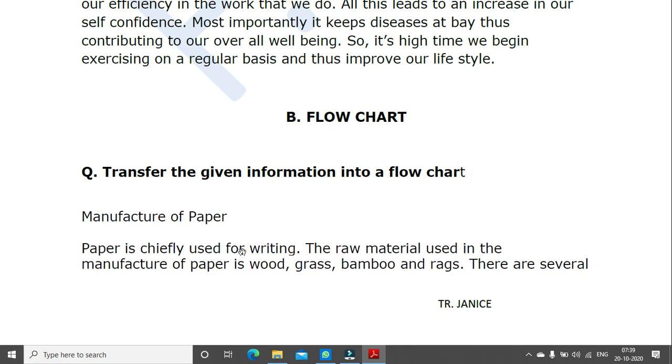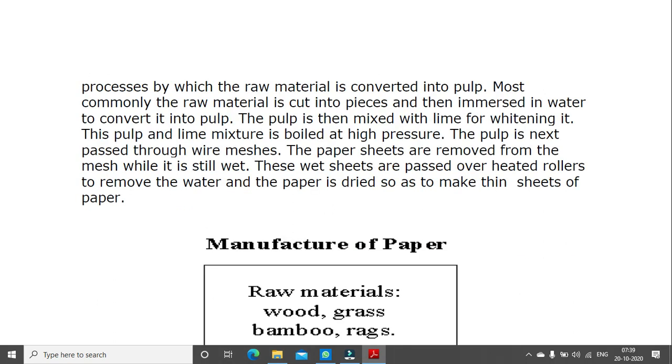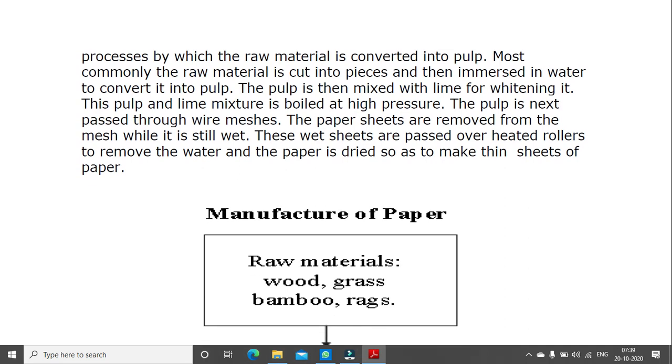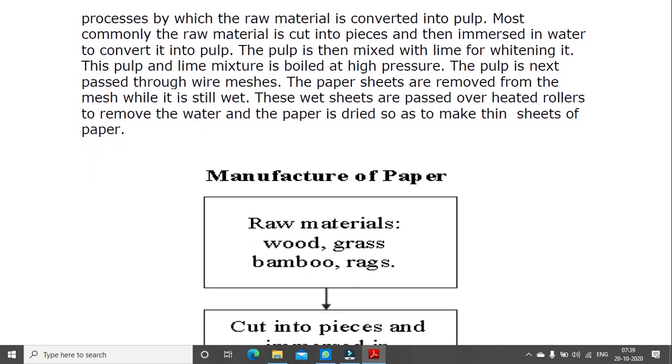Paper is chiefly used for writing. The raw material used in the manufacture of paper is wood, grass, bamboo and rags. There are several processes by which the raw material is converted into pulp. Most commonly, the raw material is cut into pieces and then immersed in water to convert it into pulp. So you make it soft by soaking it, immersing it in water so it becomes a pulp, it becomes soft. The pulp is then mixed with lime for whitening it.